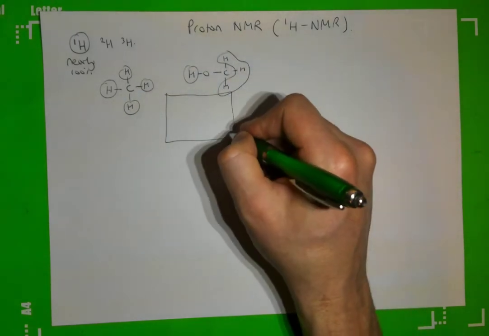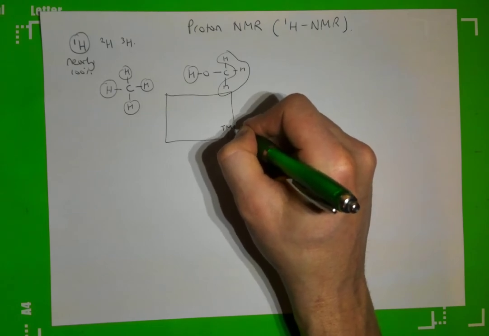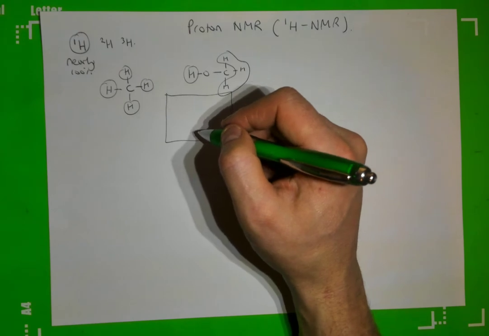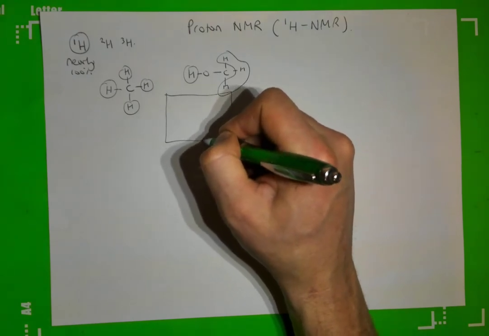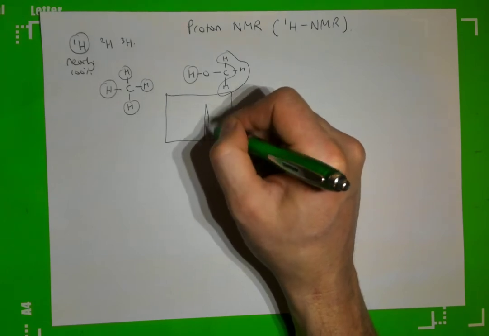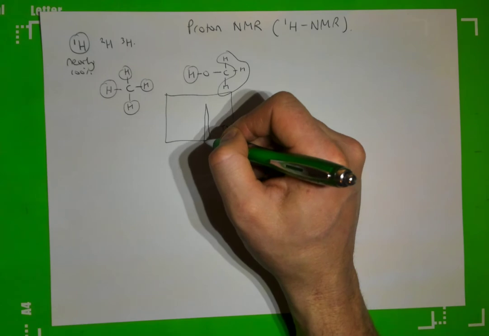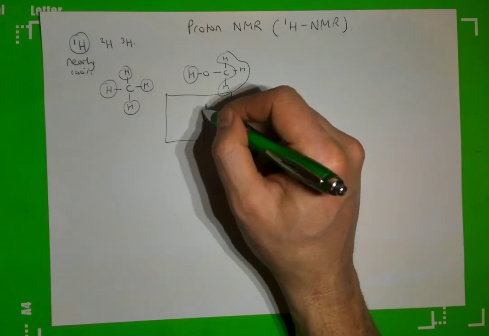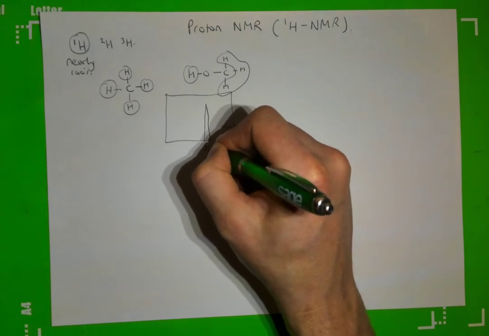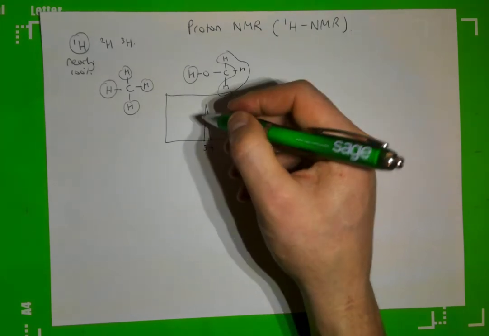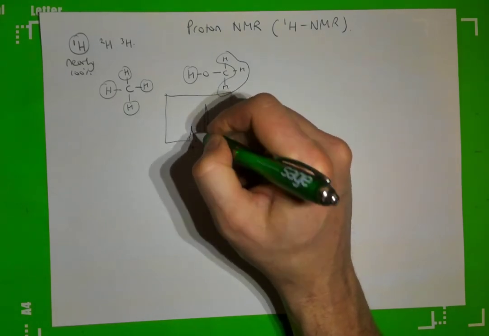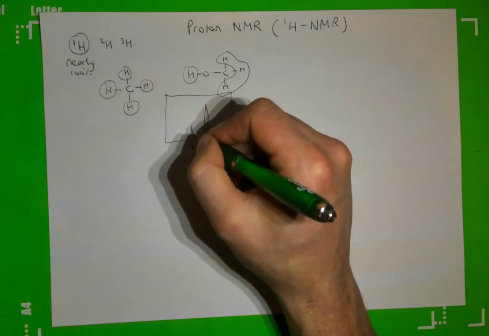So 0, one of our standard, TMS, and let's say at around 3.4, my peaks are slightly different this time. It looks slightly different to a carbon-13 NMR. I've exaggerated this a little bit. I'll come back to that in a second. So I have a peak there at around about 3.4 and another peak here, slightly smaller one at 4.